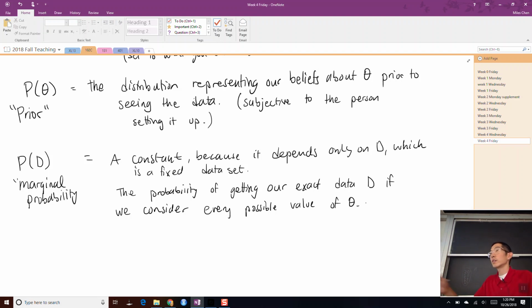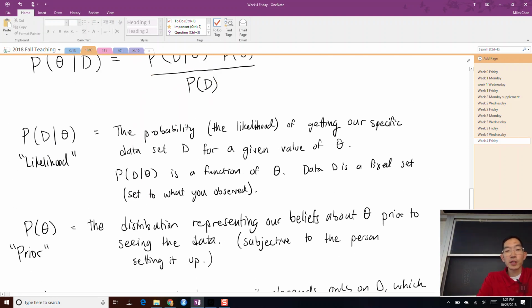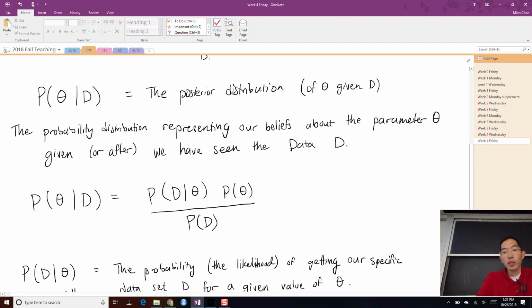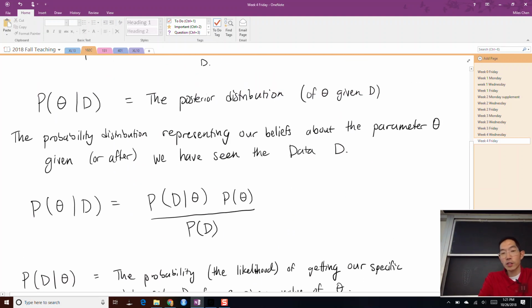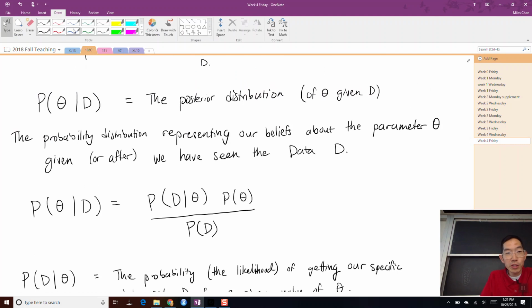If I consider every single possible value of theta. If I considered it for theta equaling 0.5, if I considered it for theta equaling 0.51, if I considered it for theta equaling 0.52, what's the probability of getting D for every single possible value of theta? All right, so those are the different pieces, and so I guess just get used to hearing these terms.